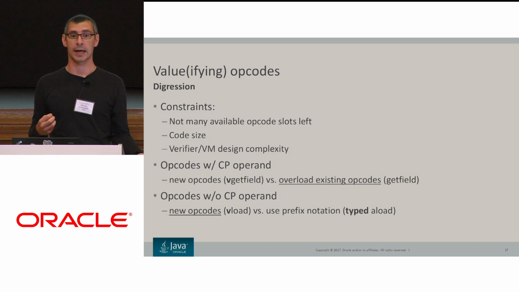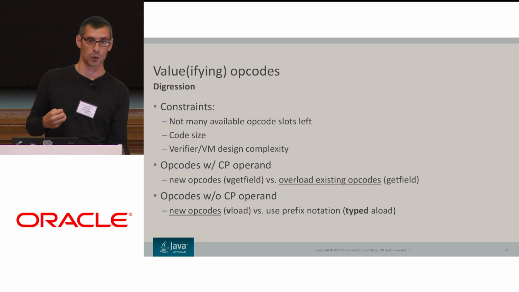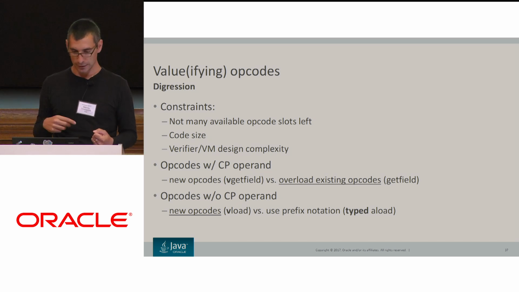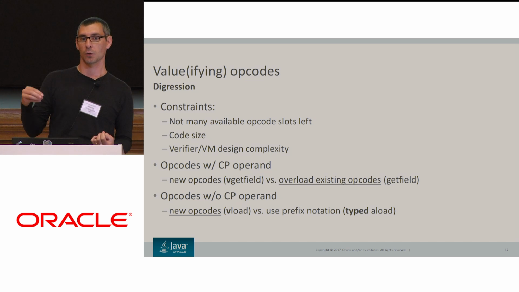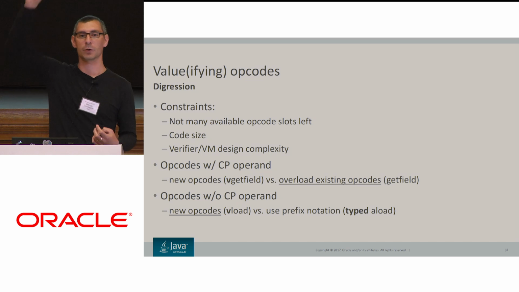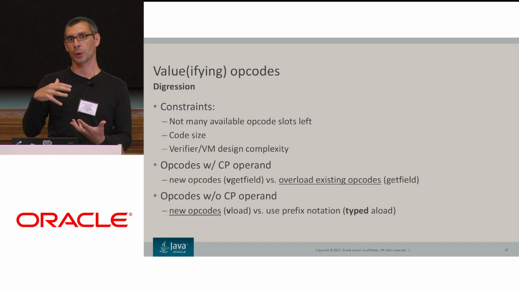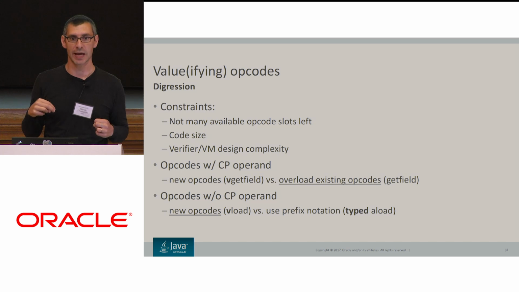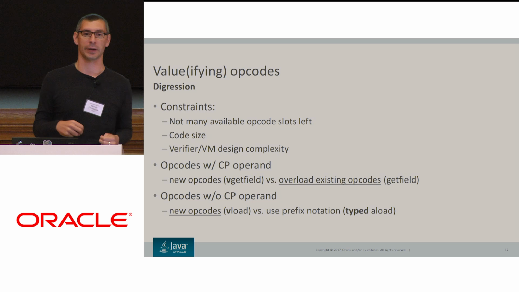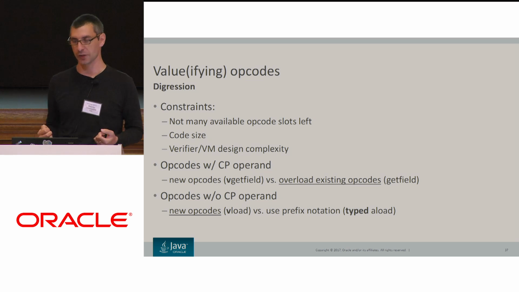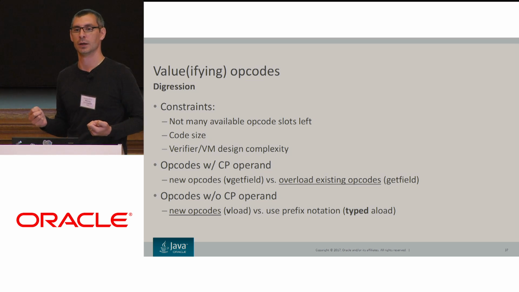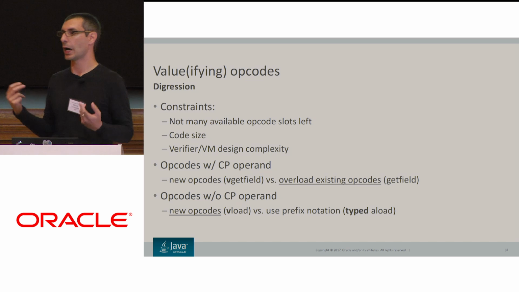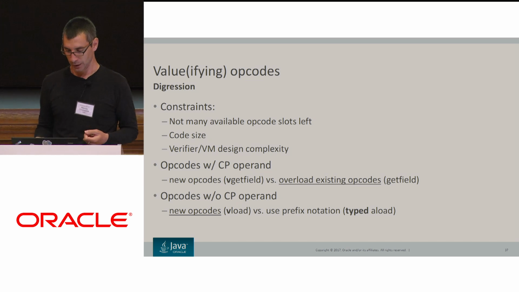Well, I can, again, either add a new instruction, vload, or I can, and Brian had this great idea, have a prefix opcode called typed that will point maybe to some constant pool entry, and it will, as an effect, update the type state of the VM so that the following instruction will execute as if I'm operating on a value. So even though the following instruction here is saying load, since there was a typed before, I know that it's going to operate on a value.